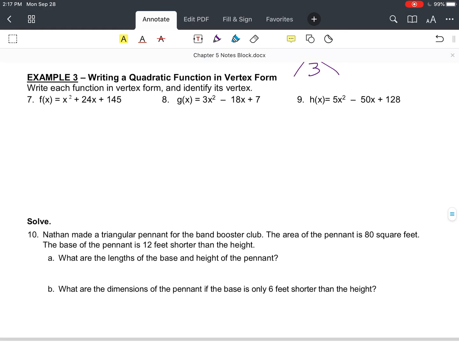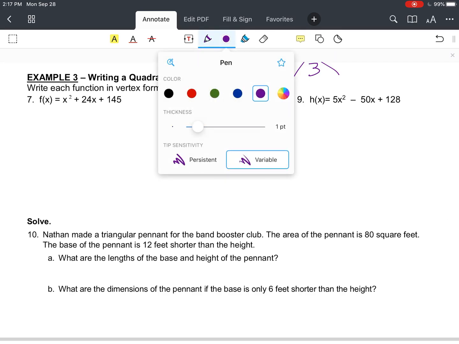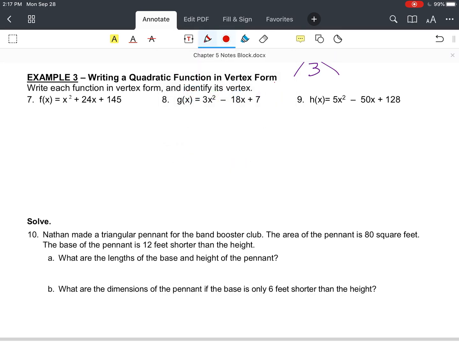One reason to complete the square is because you can then write quadratic equations in vertex form. So you may or may not recall from lesson 5.2, vertex form is going to be f of x equals a parenthesis x minus h quantity squared plus k. So that's vertex form.